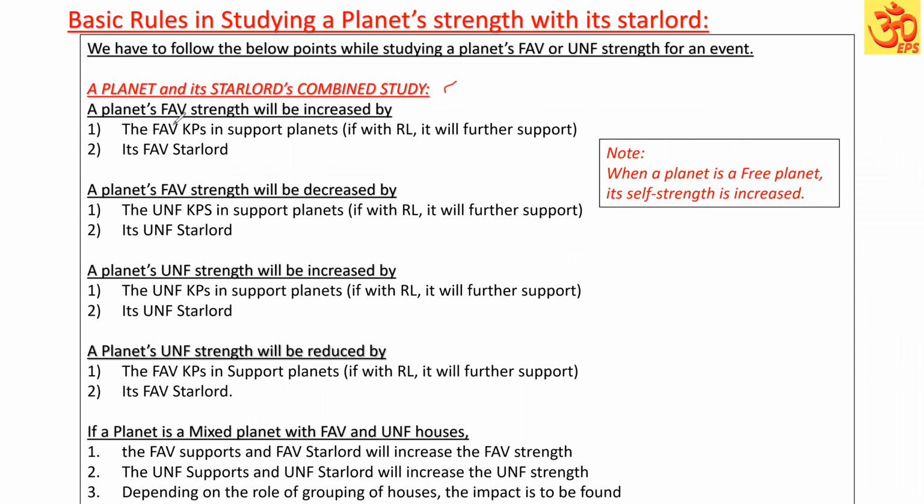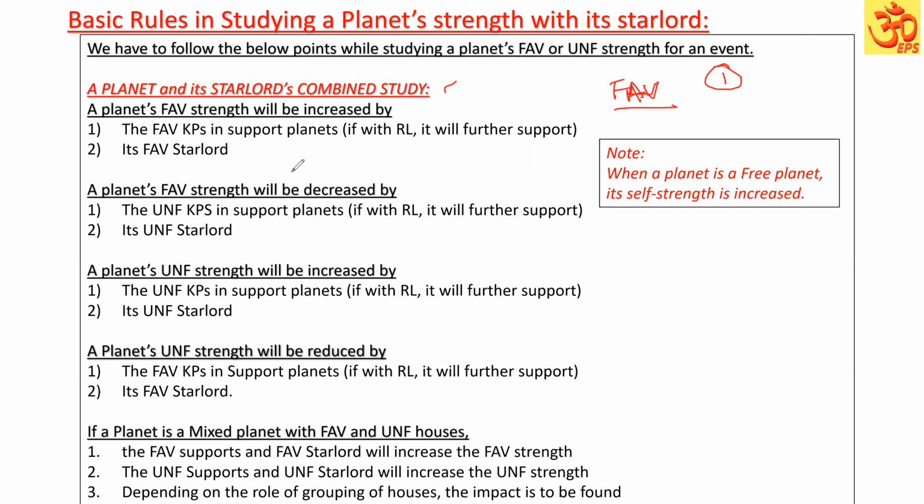A planet's favorable strength will be increased by favorable key planets in its support planets. Suppose a planet is favorable. Its favorable strength can be increased in two ways.